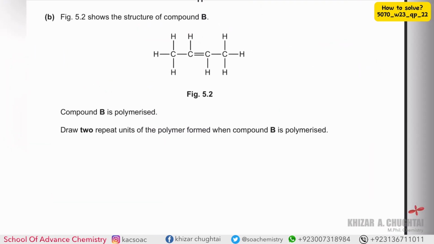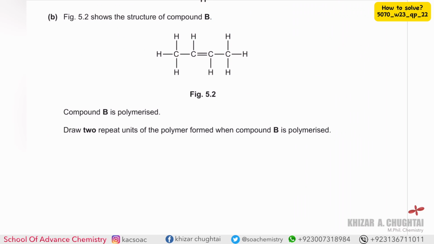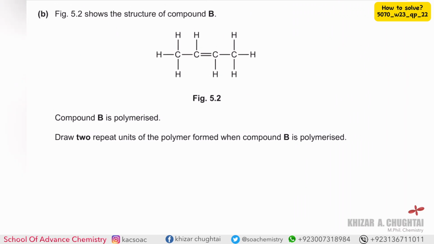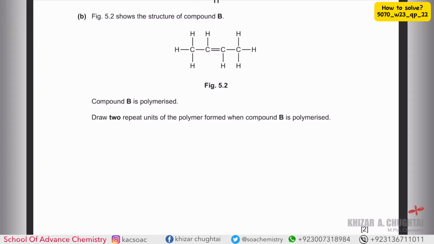Next, part B: show the structure of compound B. This one. Compound B is polymerized. Draw 2 repeat units of the polymer formed when compound B is polymerized. First of all, I'm going to rewrite this molecule over here. First of all, you should write the carbon-carbon double bond. Then one carbon has a hydrogen and the same carbon has a CH3. I am going to write it in the form of a condensed formula.